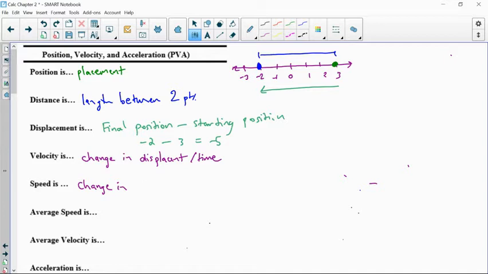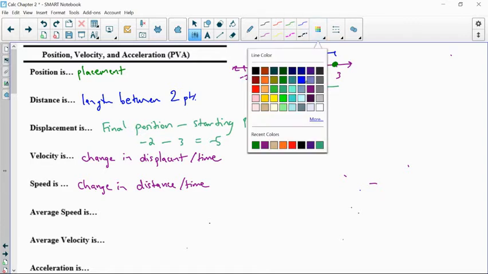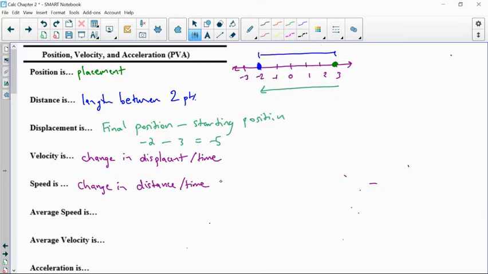So it's like a ratio, right? Change in distance over time. Meters per second is a measurement of velocity and speed. But because velocity is based on displacement, which could be negative, so could your velocity values. And speed, because it's based on distance, is always going to be positive. So I might write that down as well. That this one is always positive, just like distance is always positive.